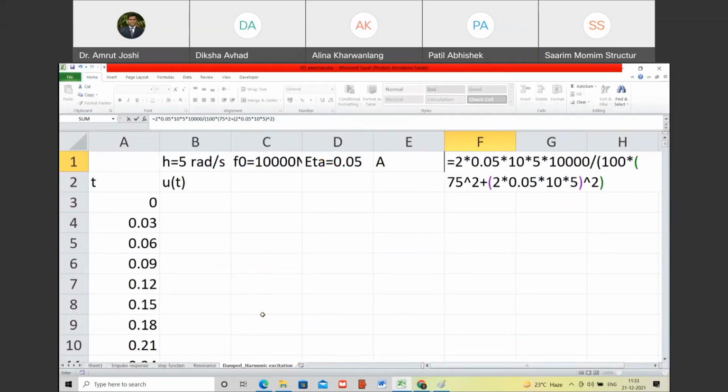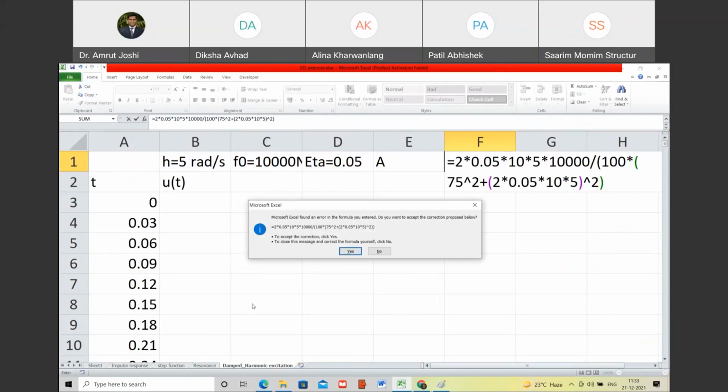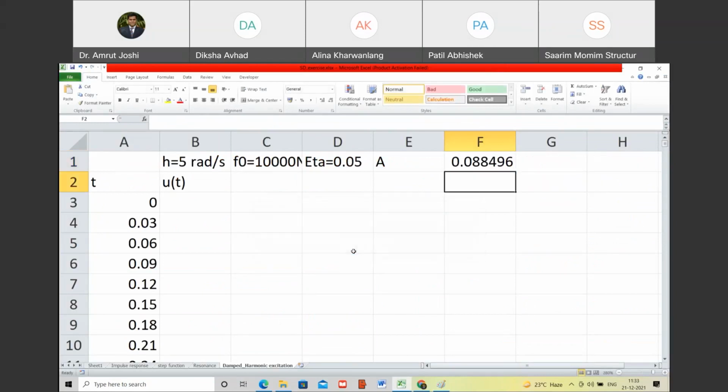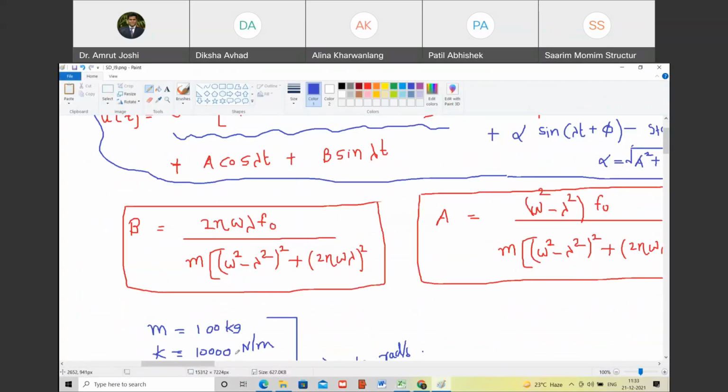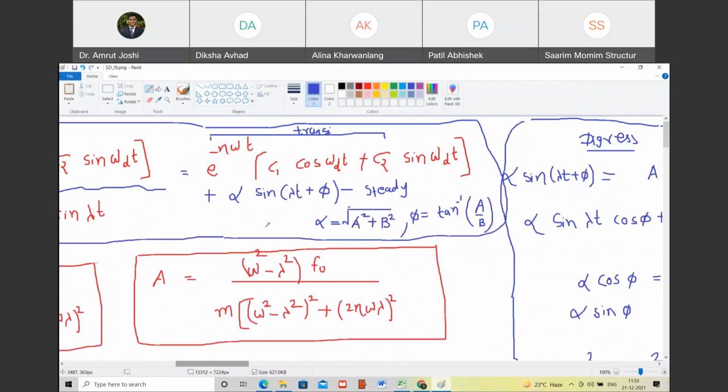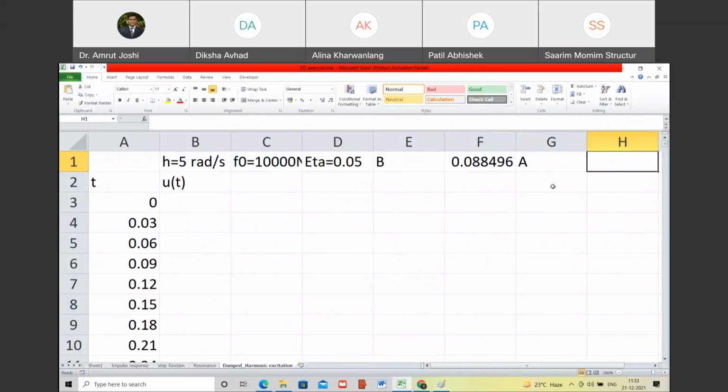This is the value of A. Is this okay? This is B. What is the value of A? Let us calculate that. So A is omega square minus lambda square. So that is 75. 75 into 10,000.